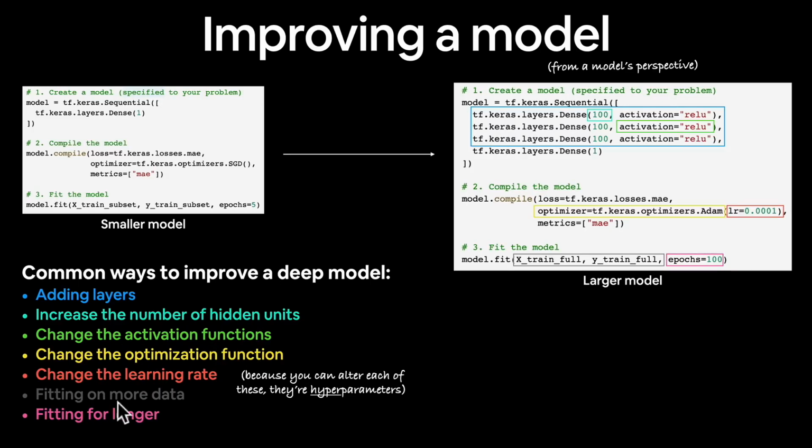We didn't try fitting on more data, but we're going to see that in this video or maybe the next one. And then we tried fitting for longer by increasing the number of epochs. Because you can alter each of these, they're referred to as hyperparameters. Remember, a hyperparameter is like a dial on your neural network that you can adjust to see how it improves, whereas a parameter is usually the patterns a neural network learns. So these are the things that we don't code ourselves.